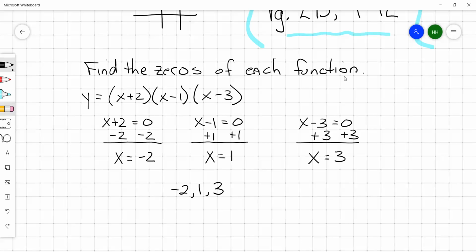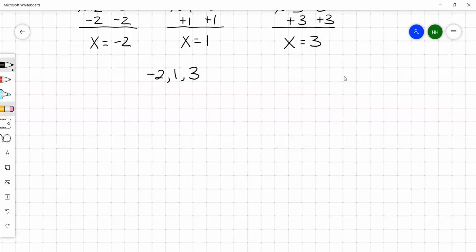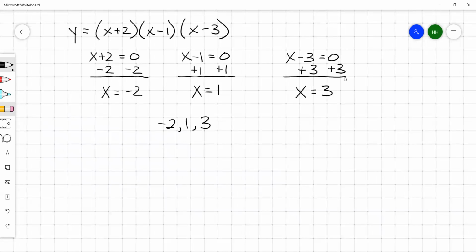All right, another way you may see your polynomial written or your function written would be y is equal to an x by itself outside of parentheses, and then we got an x minus 3 and an x plus 5. All right, so again, just make each of the three factors equal to 0.